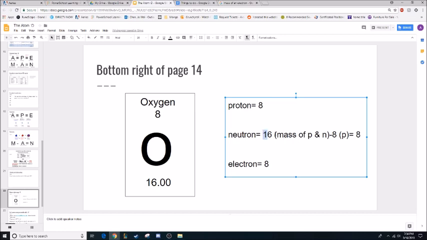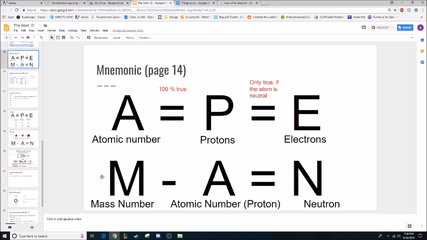And what we just did was the second mnemonic, where we have mass number minus atomic number, which is the same as protons, and it's equal to neutrons. So that's what we just did. We did 16 minus 8 protons equals neutrons, because protons and neutrons make up the weight of the atom.